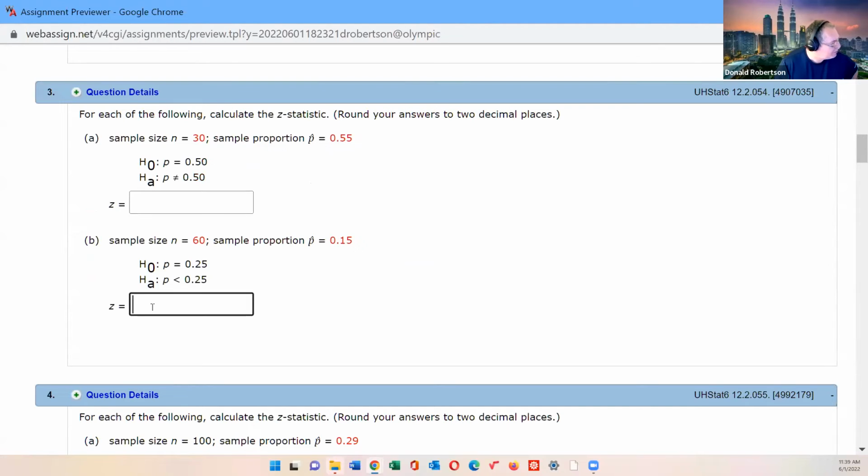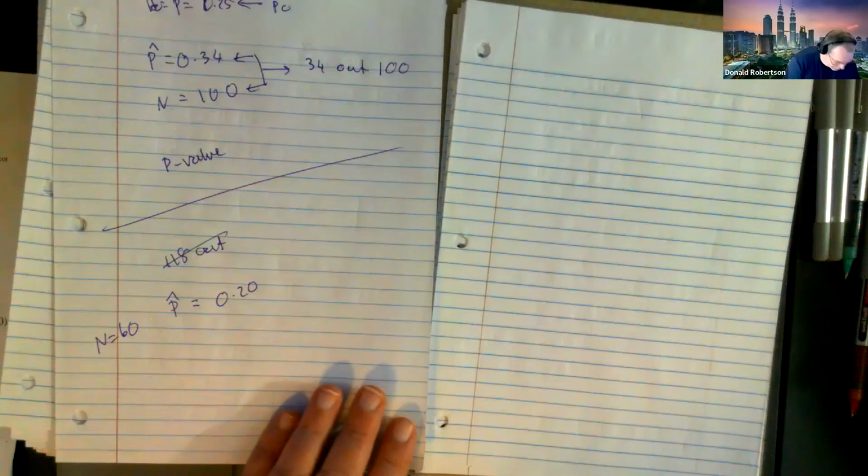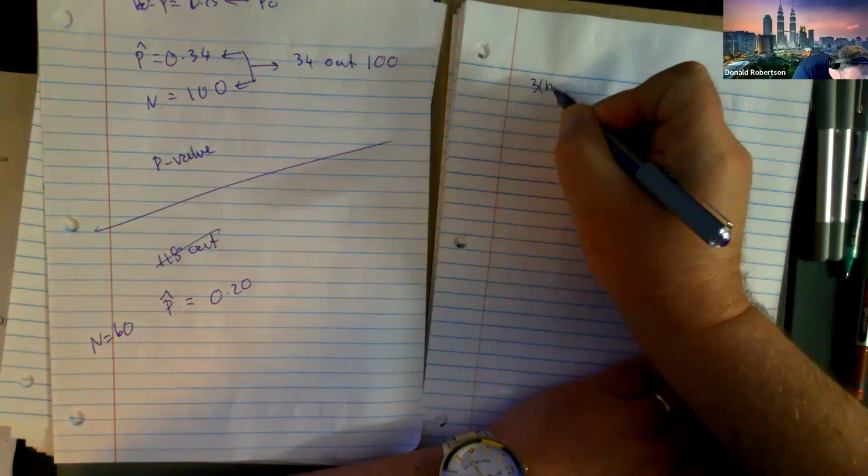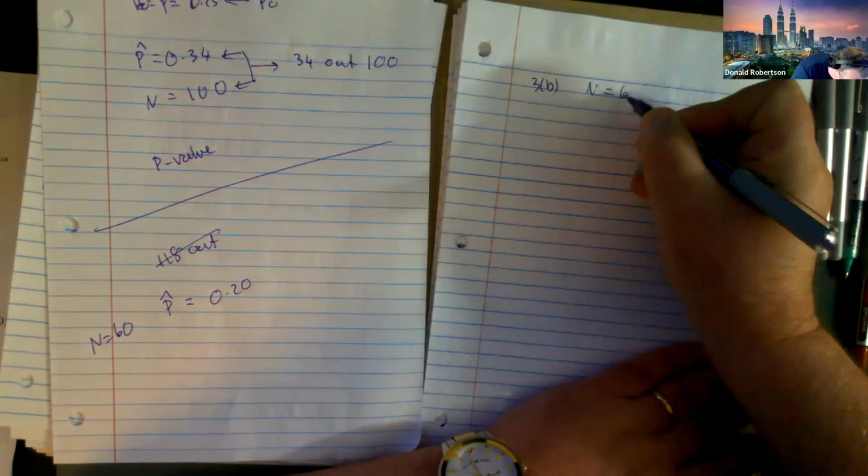Yeah, because in 3B, you're wanting a z-score. You're not wanting a p-value. Yeah, I know, that's what I'm figuring out, but it's not coming out right. Okay, let's work backwards on that one, then we'll return to the one we just did. So in question 3B, you were told the sample size was 60.